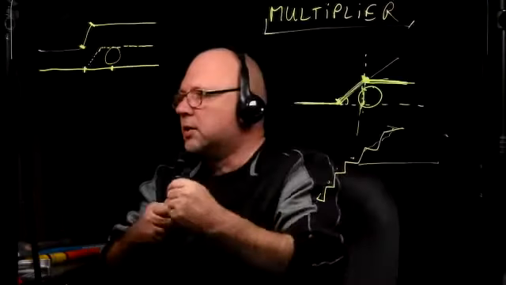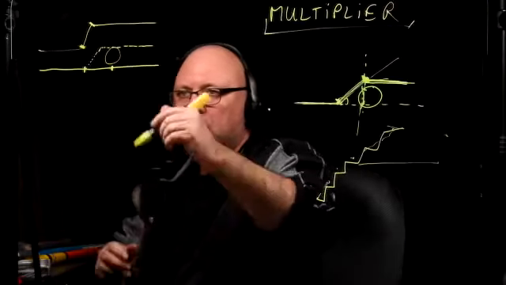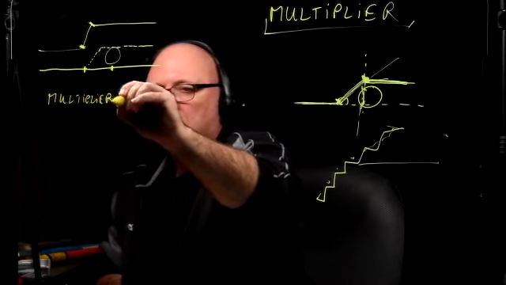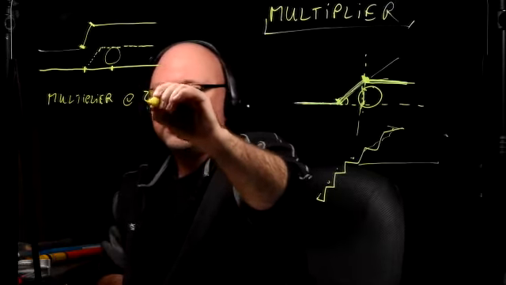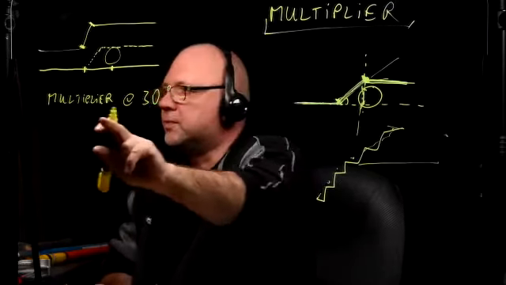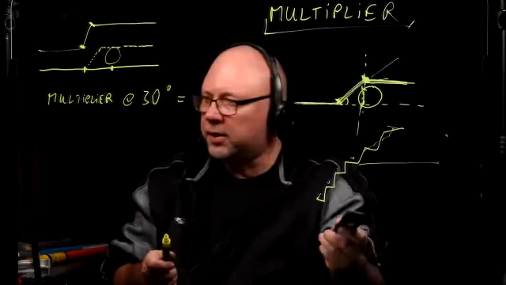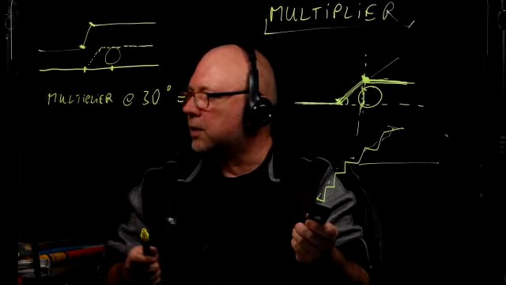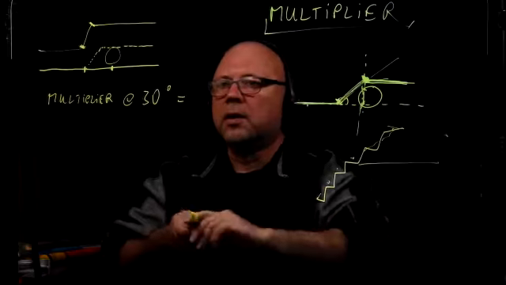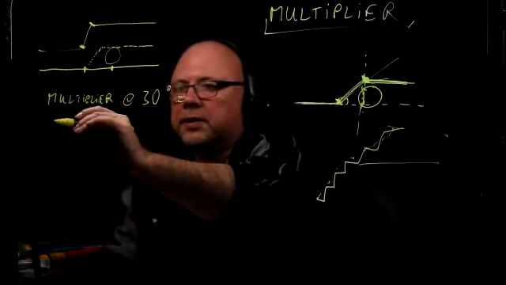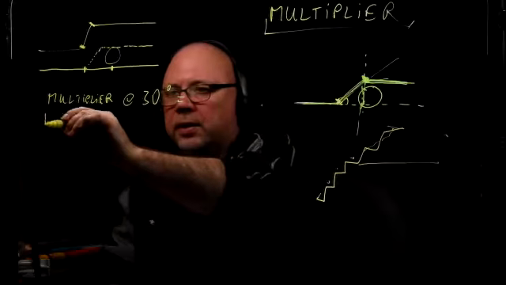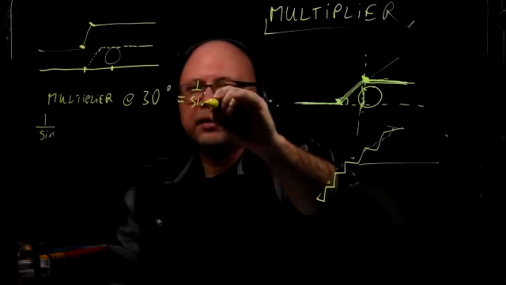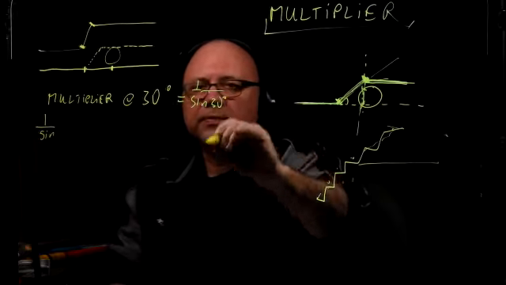Let's just recap a little bit. Multiplier at 30 degrees equals, all right, lower the light a little bit. Yeah, that's better. Okay, so what do we have? The multiplier is 1 over sine, right? Equals 1 over sine of 30 degrees.